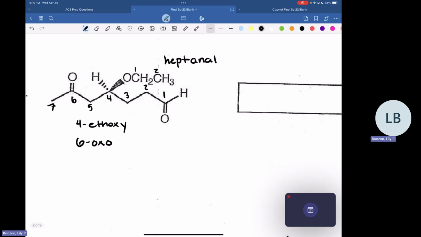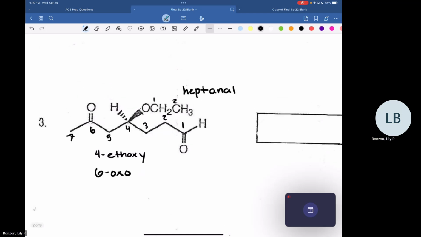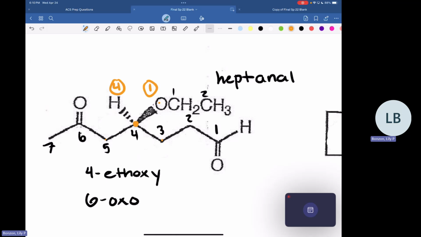And then we do have some wedges and dashes, so we're going to have to do some R and S here. So we're going to start from this carbon. Hydrogen's always going to be 4. If we go to the next atom, we have a carbon and we have an oxygen, so the oxygen is going to win. Between this carbon and this carbon, they're both CH2s, so we're going to go to the next one.